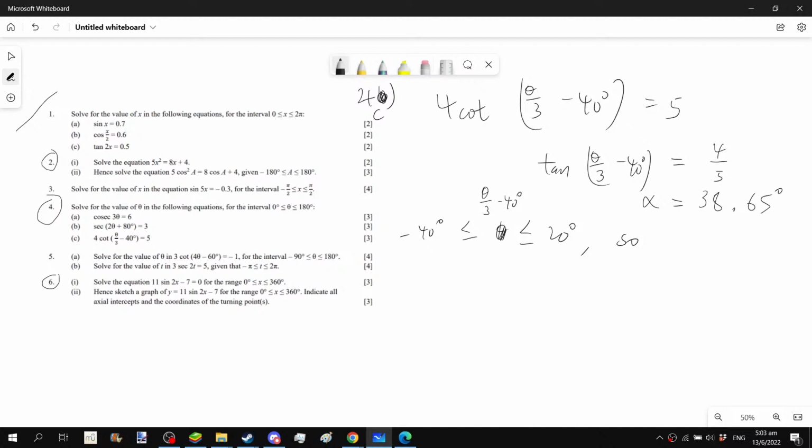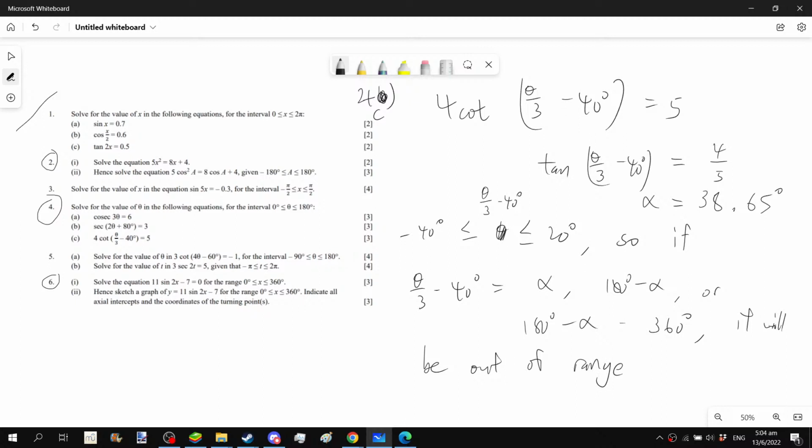So what we will say is that if this guy is equal to first quadrant, third quadrant, or even third quadrant and one revolution backwards, we will actually fall out of the range of acceptable values. And so there's actually nothing you can do. This question is fake news. There's no solution at all.